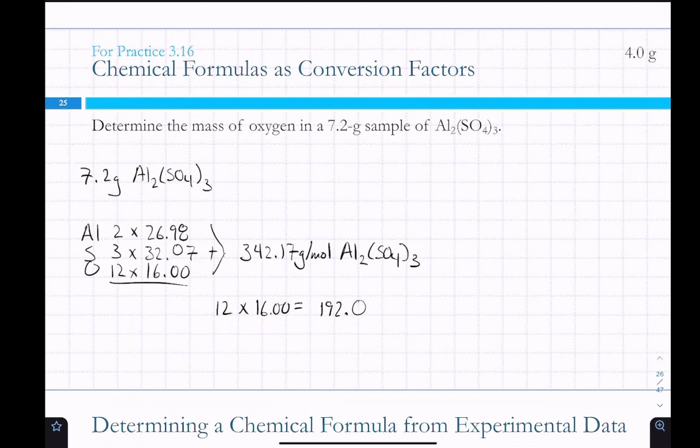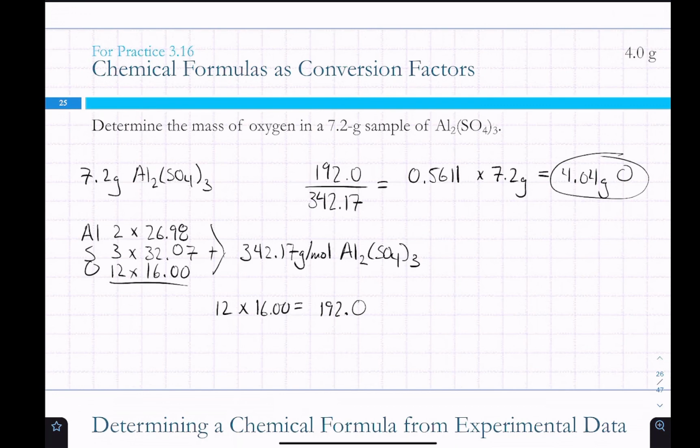So when you're thinking about sig figs for something like this, 12 times 16.00 is going to have 4 sig figs. All right, so then the percent mass of oxygen is just the molar mass of all of the oxygen divided by the molar mass of the whole compound. I'm not going to multiply by 100 because it's more useful if we don't. So we can call this the proportion of oxygen, which will be 0.5. Hard to write units on this because it doesn't really have units. And then we can multiply it by 7.2 grams to get 4.04 grams of oxygen.